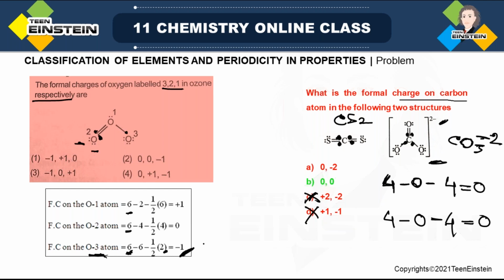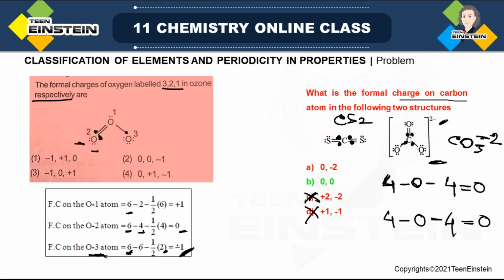So in this calculation, you are getting the charge -1. Then come to the other terminal oxygen, number 2. Now the total number of non-bonding electrons is 4, which you can see in the form of 2 lone pairs. Total number of bonds is 2, that means total electrons involved in bond formation is 4. So 4 by 2, that is 2. So you are getting 0.